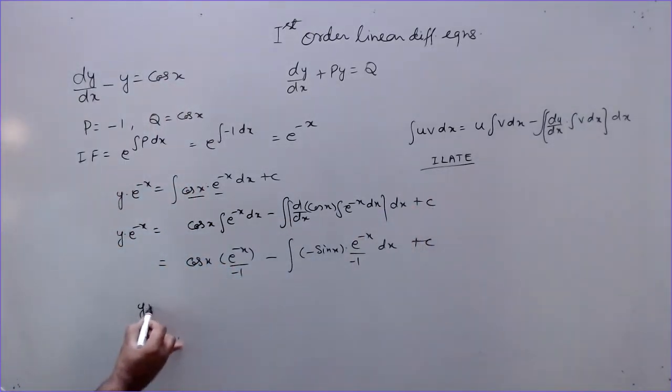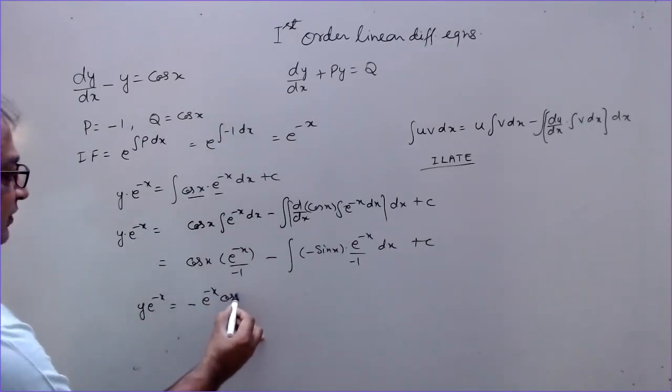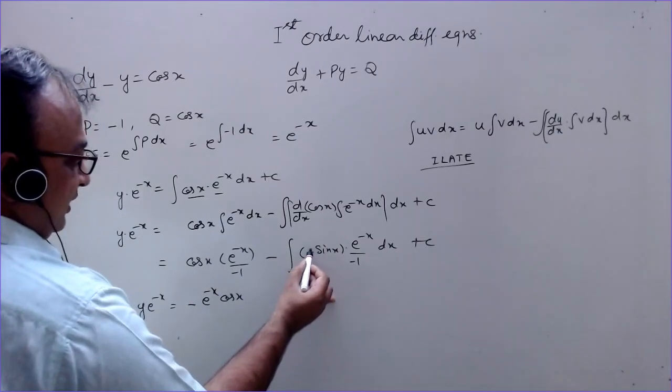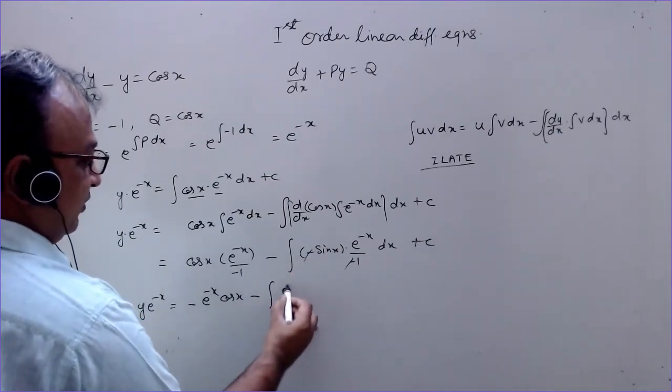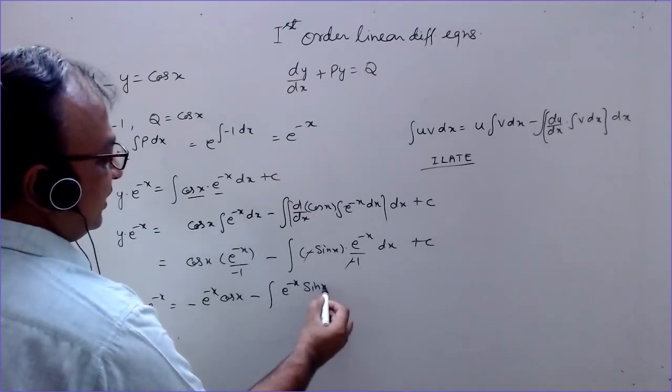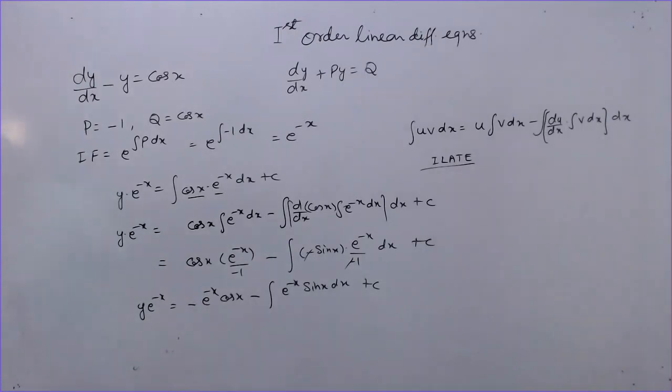Or the solution is minus e to the power minus x cos x, and this minus is cancelled with this sign, so minus e to the power minus x sin x dx plus c. Now we have to perform this integration, e to the power minus x sin x dx plus c.